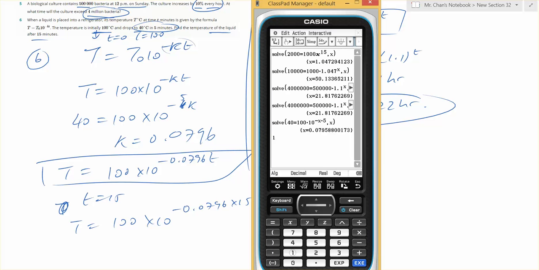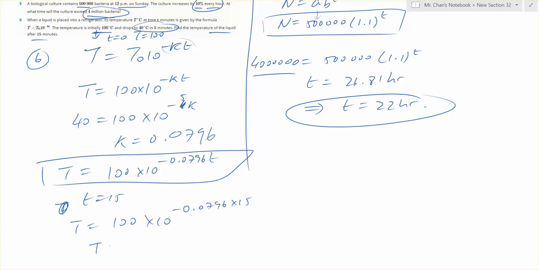So all I'm doing is subbing into the model. 10 to the power, brackets, negative 0.0796, or I can simply paste this on, times 15. So we get the temperature to be 6.4 degrees after 15 minutes, which is our answer.